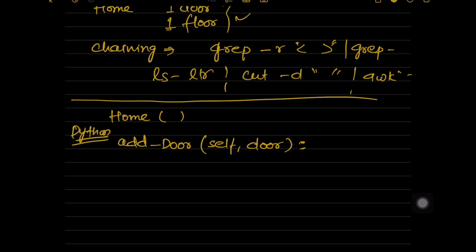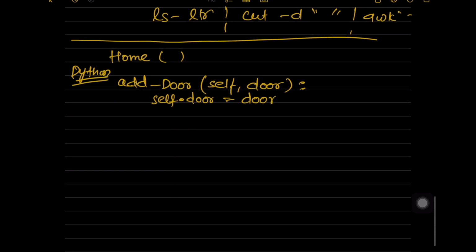Here what it does is it will just write self.door is equal to door, and for chaining what it will do is return self here.